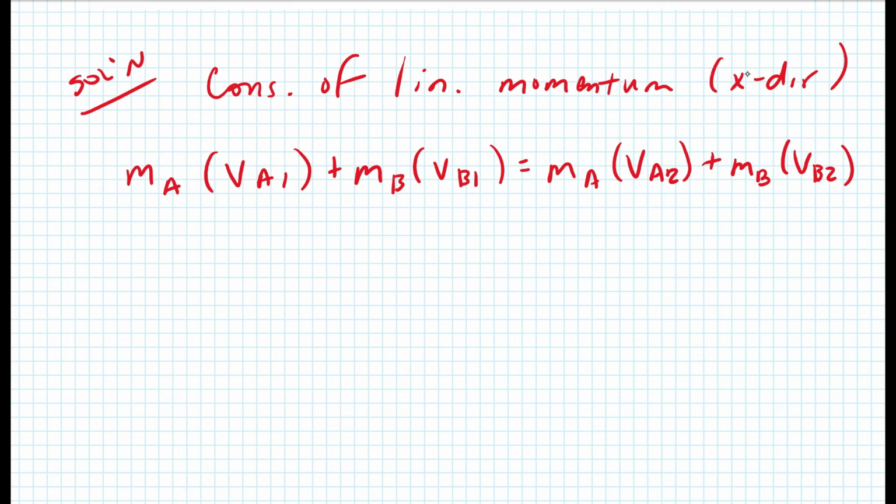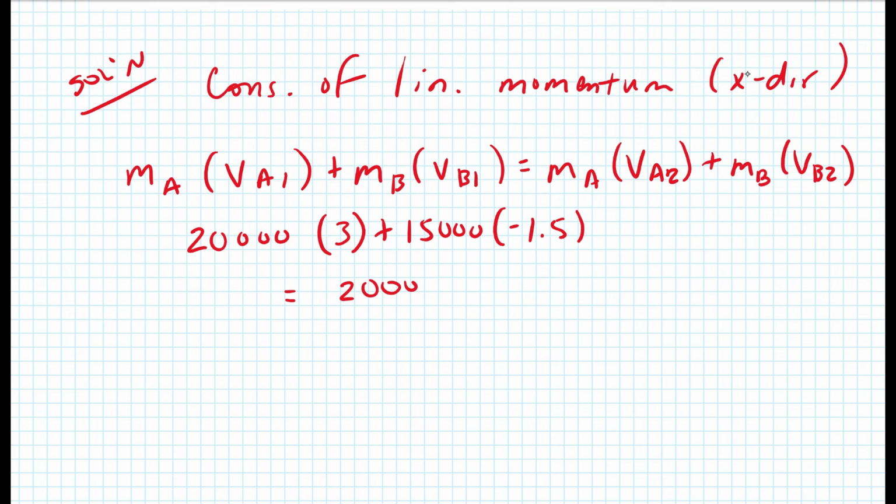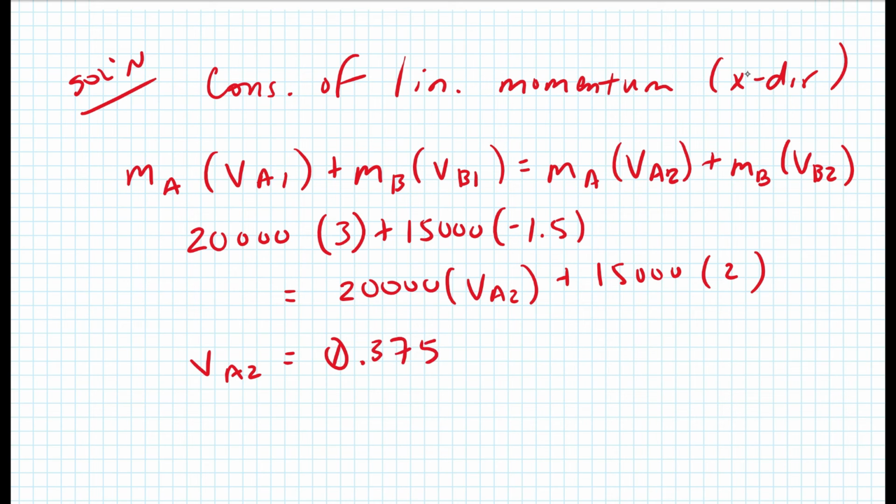Here we have 20,000 times 3 plus 15,000 times negative 1.5, and it's equal to 20,000 v A2 plus 15,000 times 2. Solving for v sub A2, we get 0.375.